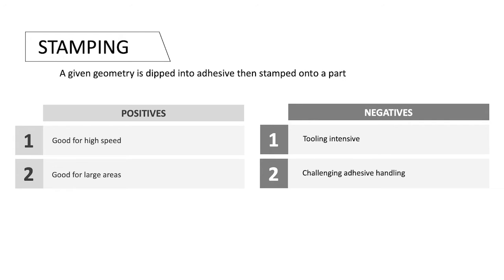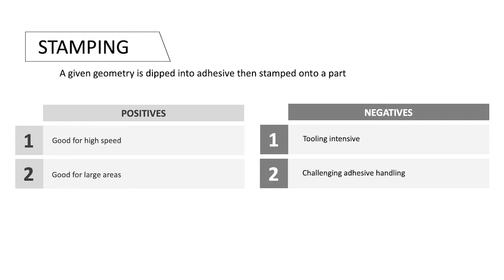Stamping is just what it sounds like. Stamping applies a given pattern of adhesive onto a part with something like a rubber or silicone pad. Stamping is a great method for low variability, highly patterned products.